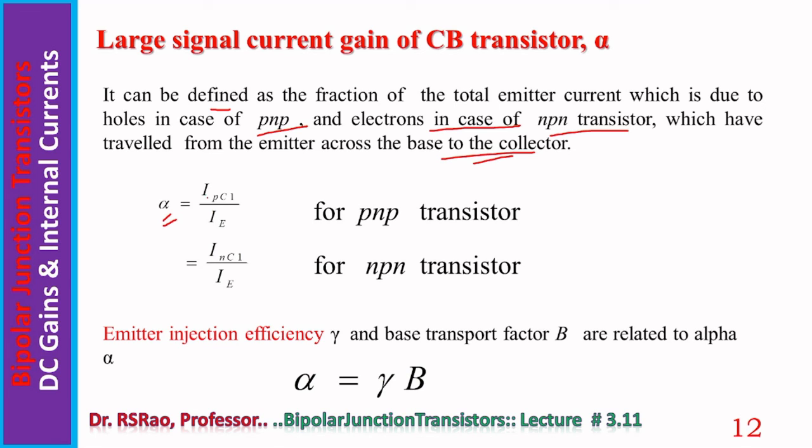Mathematically, alpha is IPC1 by IE for a PNP and INC1 by IE for an NPN transistor. Emitter injection efficiency gamma and base transport factor B are related to alpha. Alpha equals gamma B.